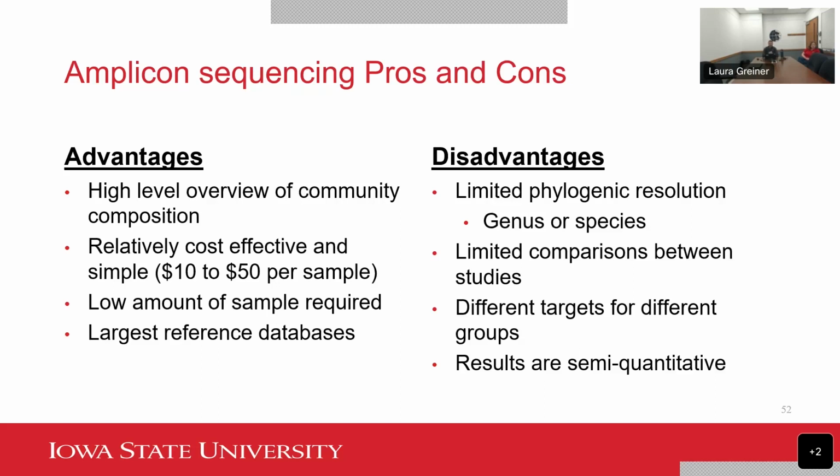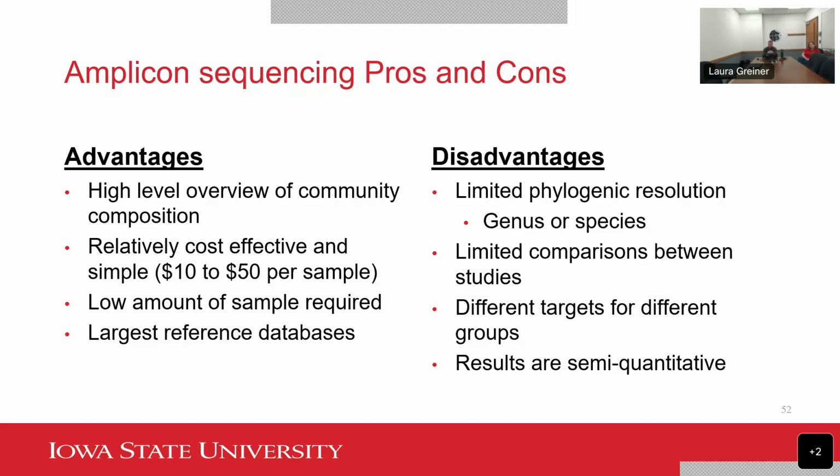Along with that, it's also a cost-effective and simple method, again with cost ranging from $10 to $50 a sample. It also requires a low amount of sample because we don't need to worry about host DNA, since we're only interested in one marker gene. And again, it has the largest databases behind it, allowing for simple alignment and analysis.